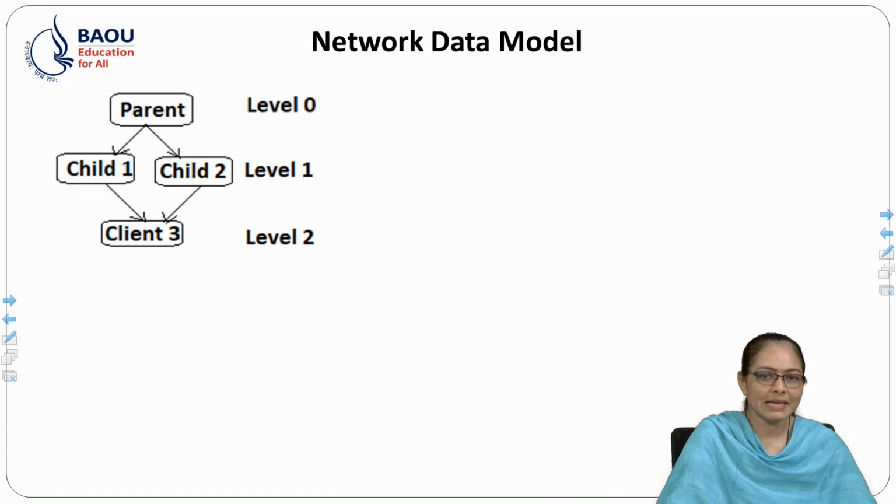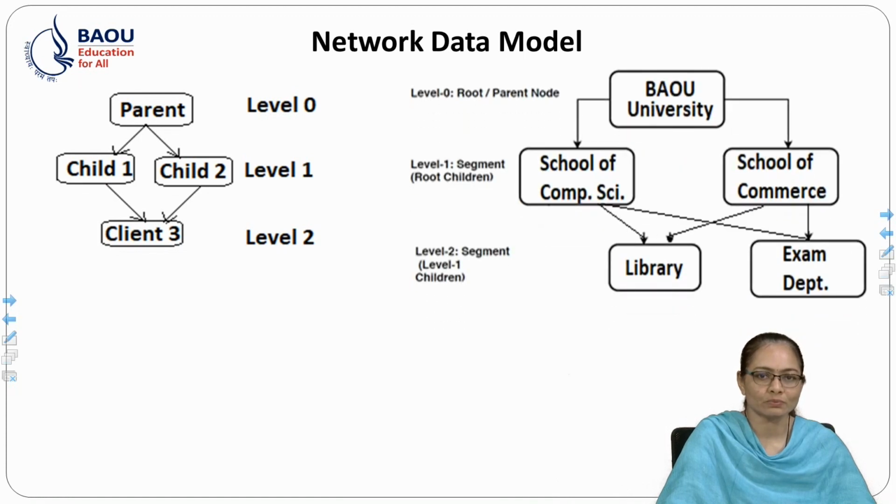Now, same as in figure 2, the distinctive network data model representation for a Bow University. The model represents 5 record types. Which are the 5 record types? Here we see the Bow University record types: the School of Computer Science, after that the School of Commerce, Library, Exam Department.